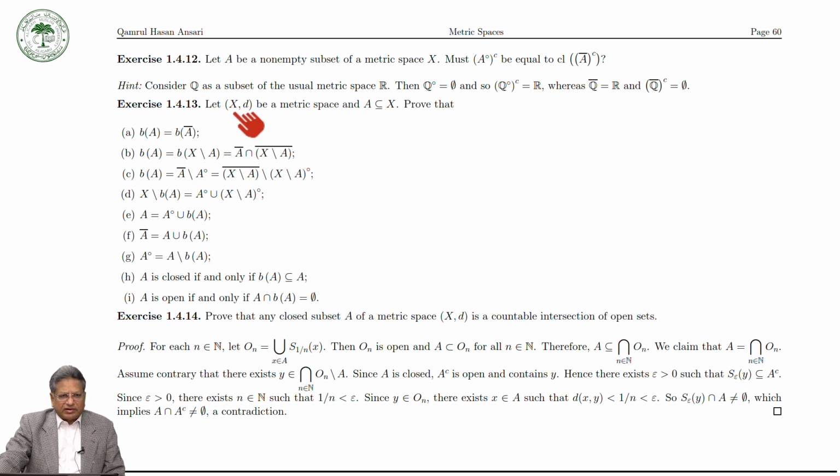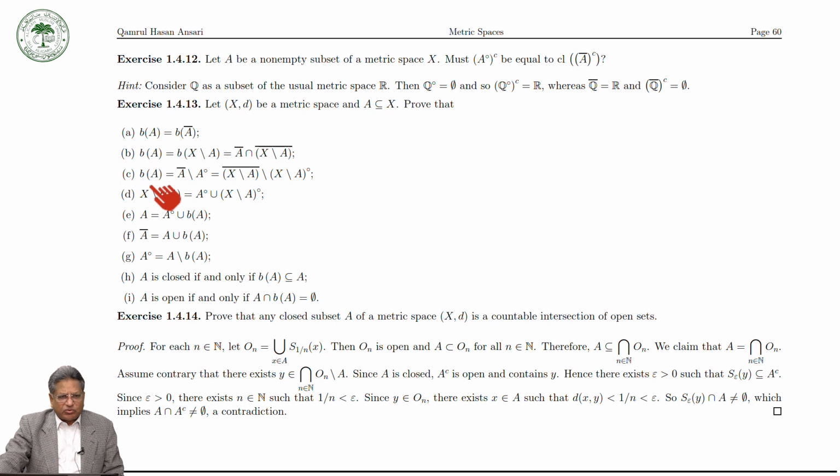Let X be a metric space equipped with the metric d, and A be a subset of X. Then the boundary of A is the same as the boundary of the closure of A. The second is that the boundary of A is the same as the boundary of the complement of A, which is equal to the closure of A intersection the closure of the complement of A. This we have already given previously, just after the definition.